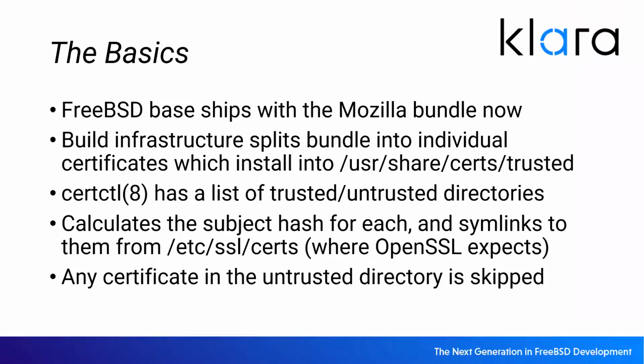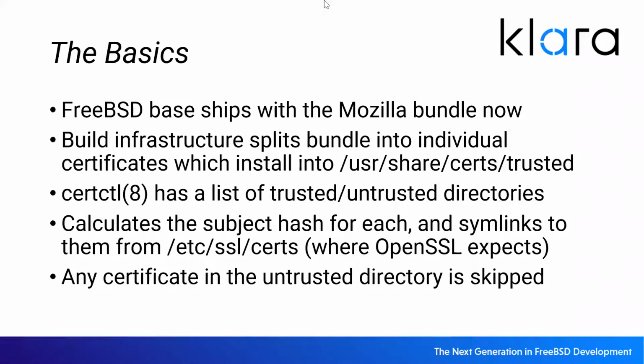We have a list of trusted and untrusted directories that include places off in /usr/local/share, so that you can customize that with your own custom packages, or you can install them manually outside of the base system's management, and then certctl will honor that as well.